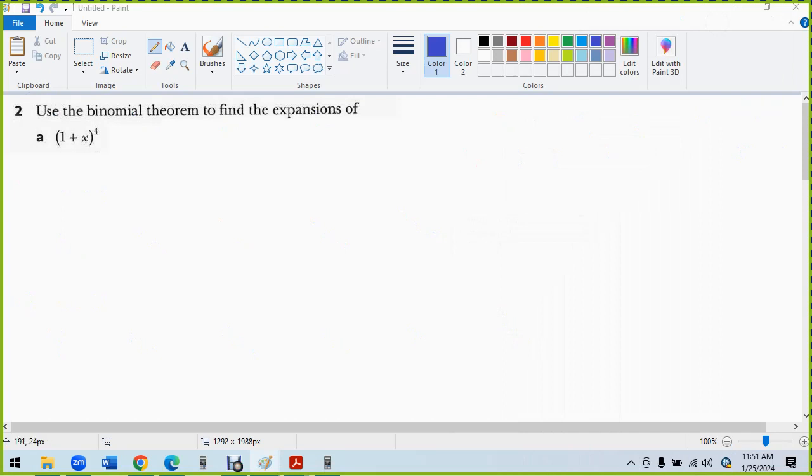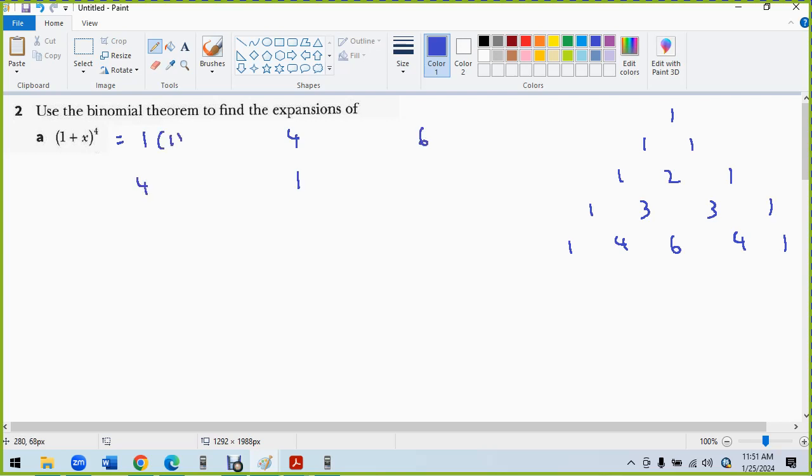So number 2, we use the binomial theorem to find the expansion of (1 plus x) to the power of 4. Okay, so if we don't use the binomial theorem, we can use Pascal's triangle, which will be easier. So we have 1, 1, 1, 1, 2, 1, 1, 3, 3, 1, and 1, 4, 6, 4, 1. So if we use Pascal's triangle, then it will be 1, 4, 6, 4, 1.